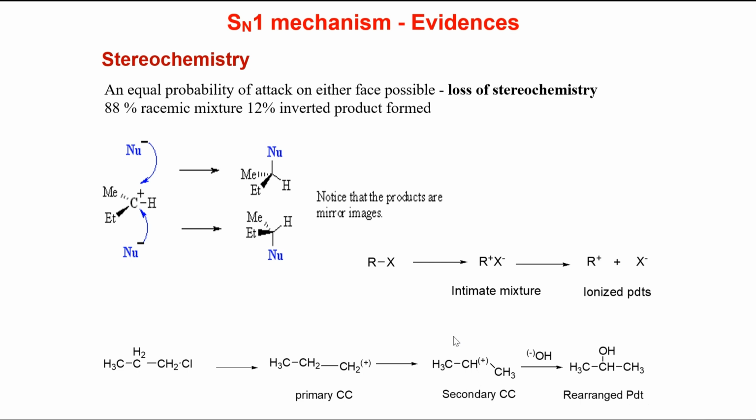And on this formed secondary carbocation, the OH minus attacks to give 2-propanol. The 2-propanol formation indicates that the secondary carbocation is formed, in turn indicating that a carbocation is an intermediate formed in the reaction.